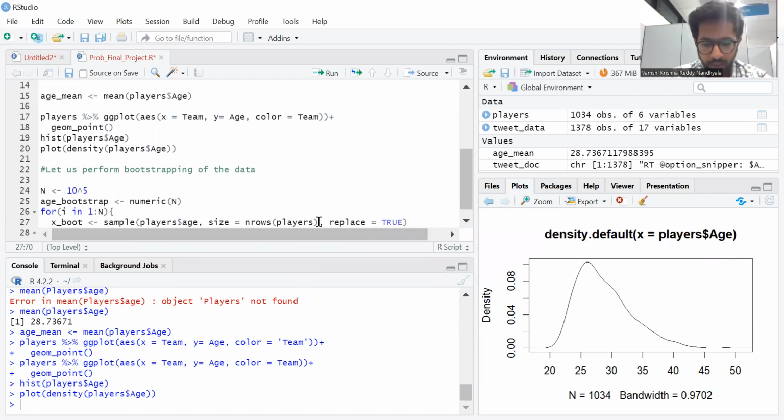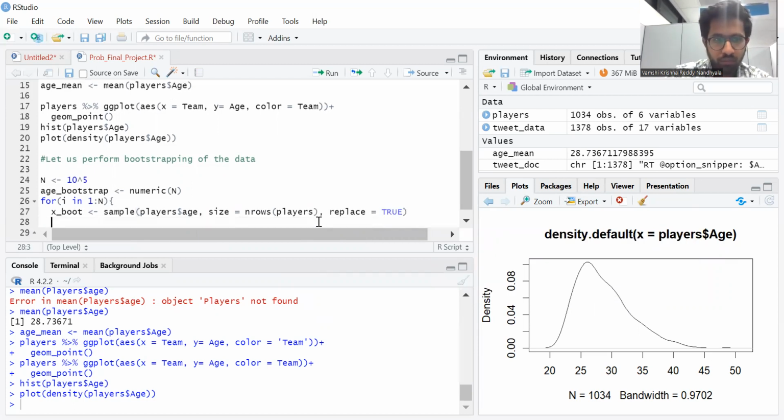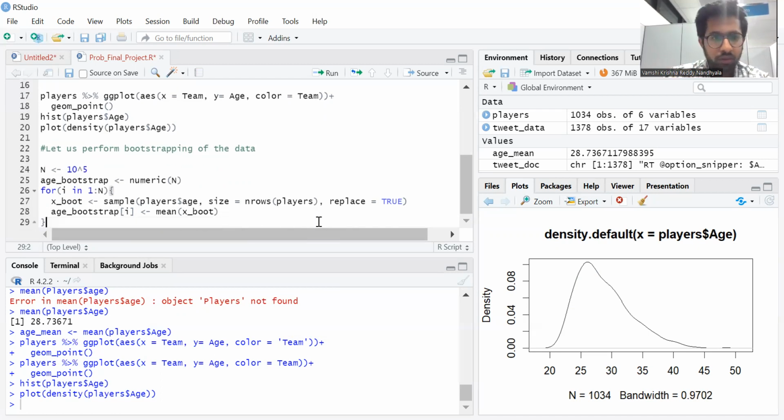This should be capital again. And we are going to calculate the mean: age bootstrap of i equals mean of x underscore boot. So this typically performs the bootstrapping.